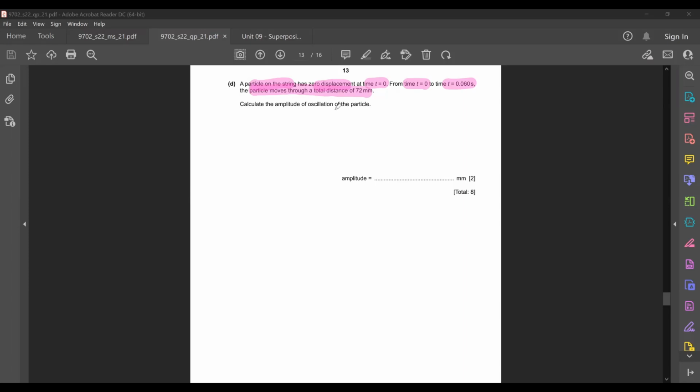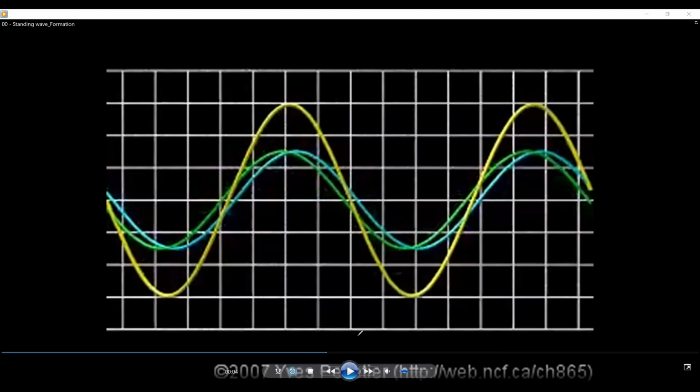Find out the amplitude of oscillation of this particle. They want you to find out the amplitude of oscillation. To find the amplitude of oscillation of the particle, again, it will be useful to refer back to the animation of the stationary wave from before. Let's just change our view to the animation.